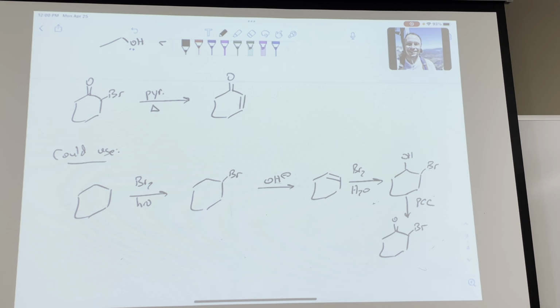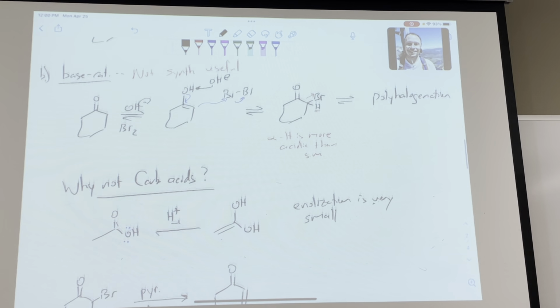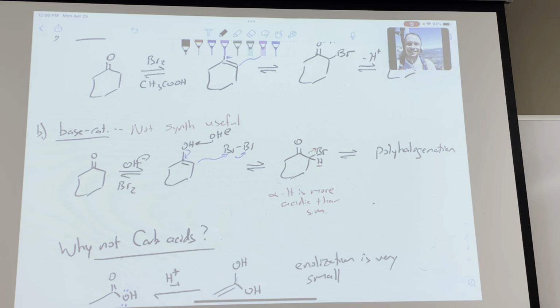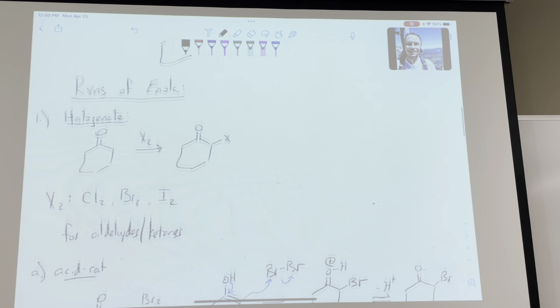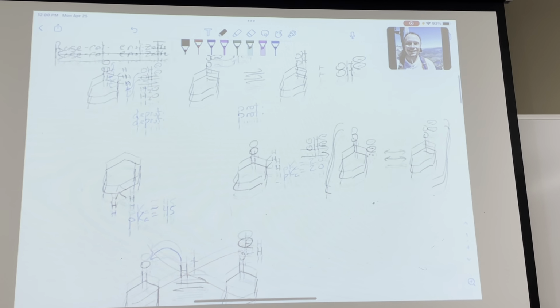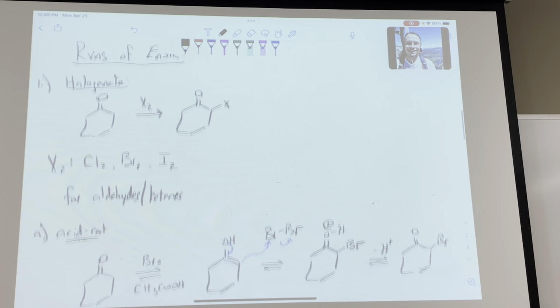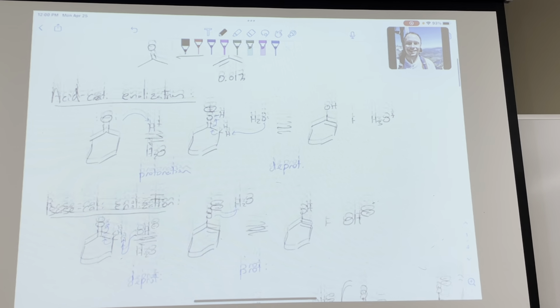All right, any questions on the halogenation reaction? For the acid catalyst and the base catalyst, how did you first find that little bond? Of the enol? Yeah. Let me go back to the mechanism here. Oh, there we go.